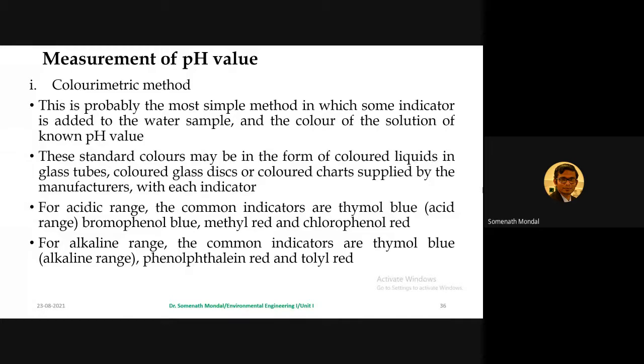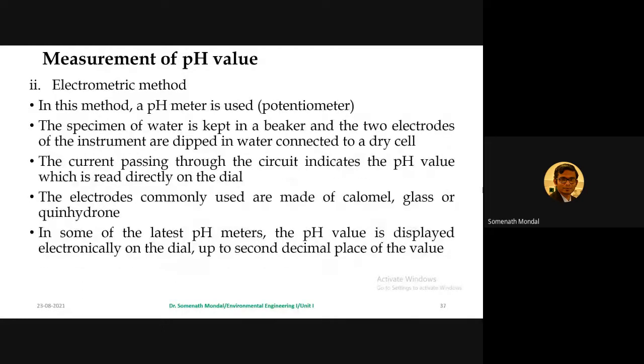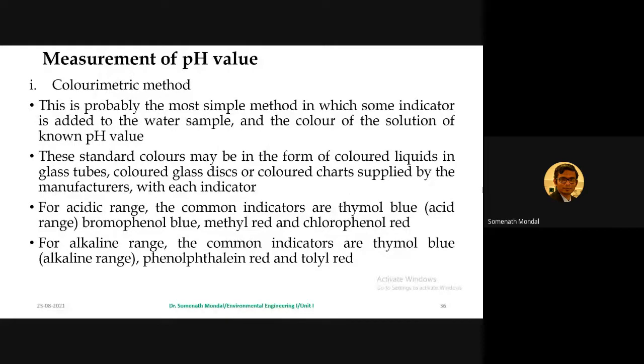So this is the way we can determine the pH with the help of the colorimetric method. The moment you use them, there will be a change in color, and based on the color charts provided by the manufacturers, we will be able to get the value of pH.